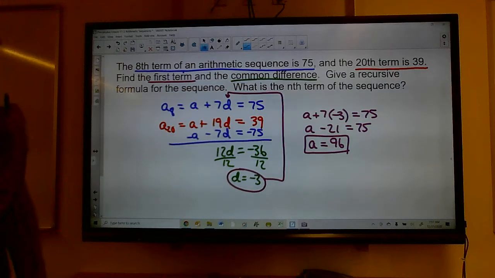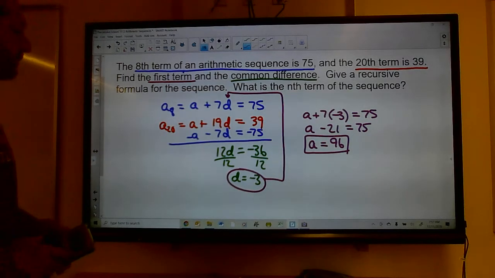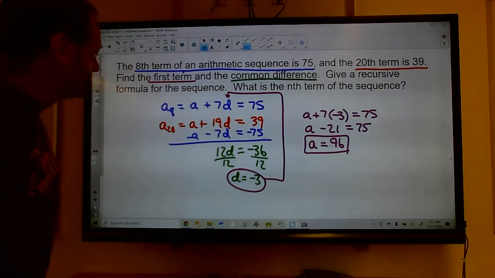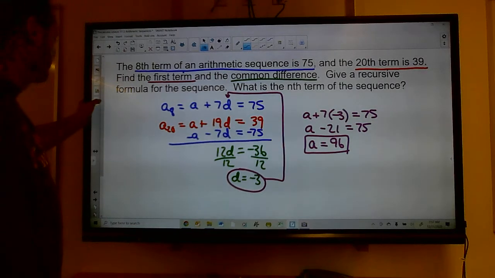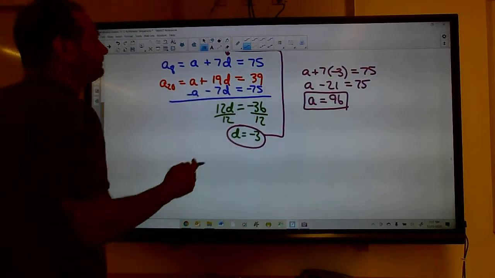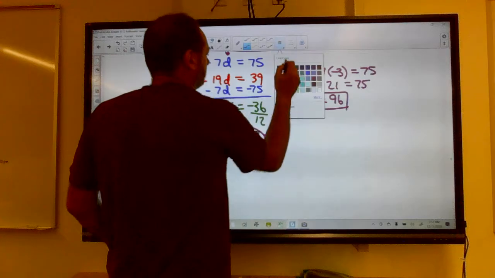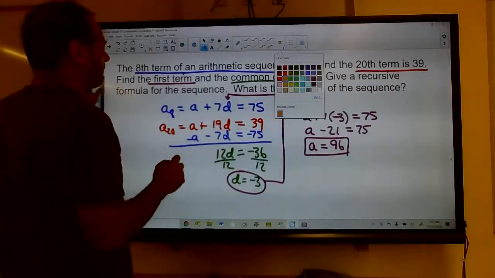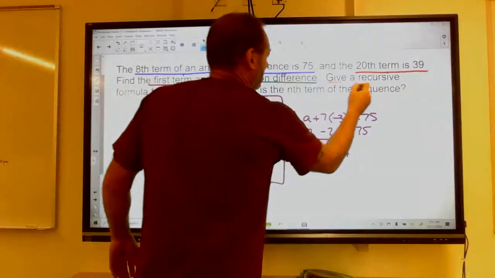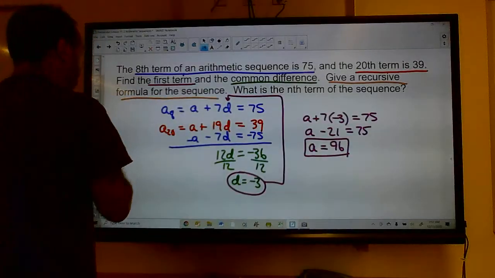Now I need to give a recursive formula for the sequence.